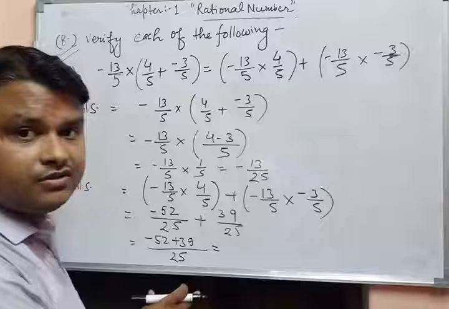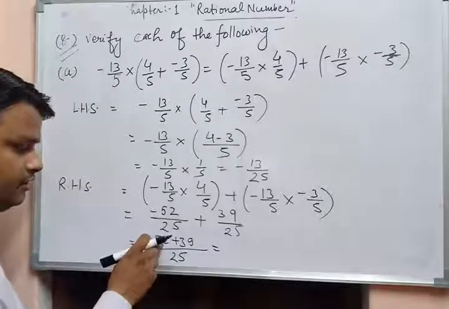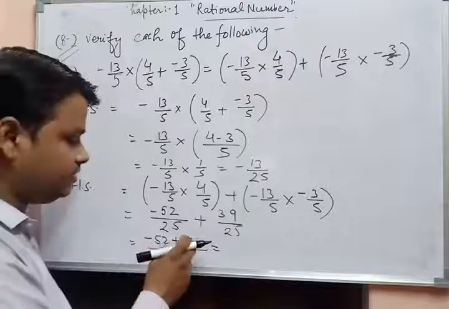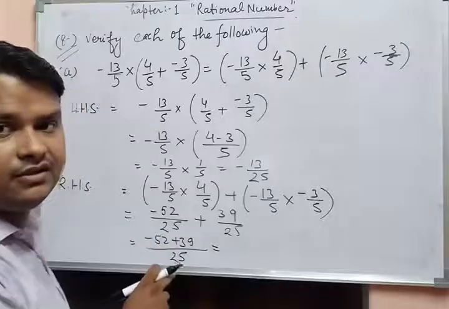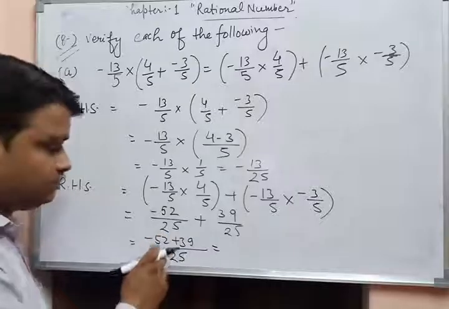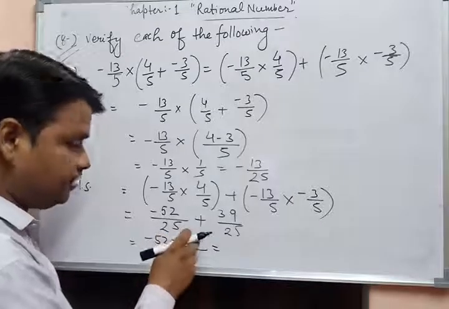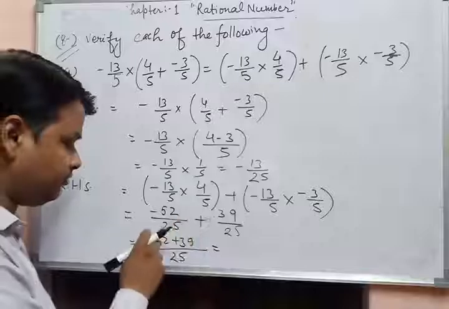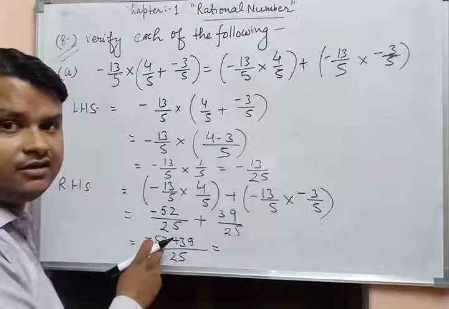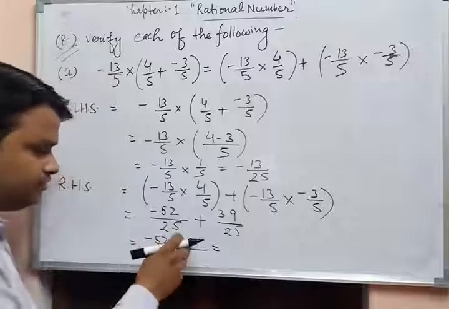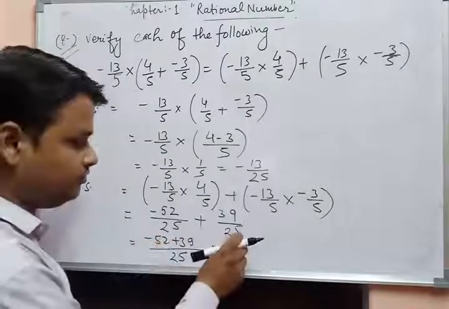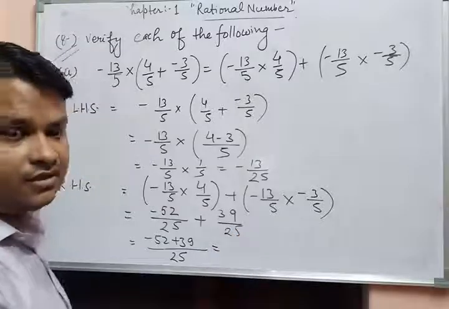If we add a positive integer and a negative integer, we subtract the smaller from the larger and apply the sign of the greater number.